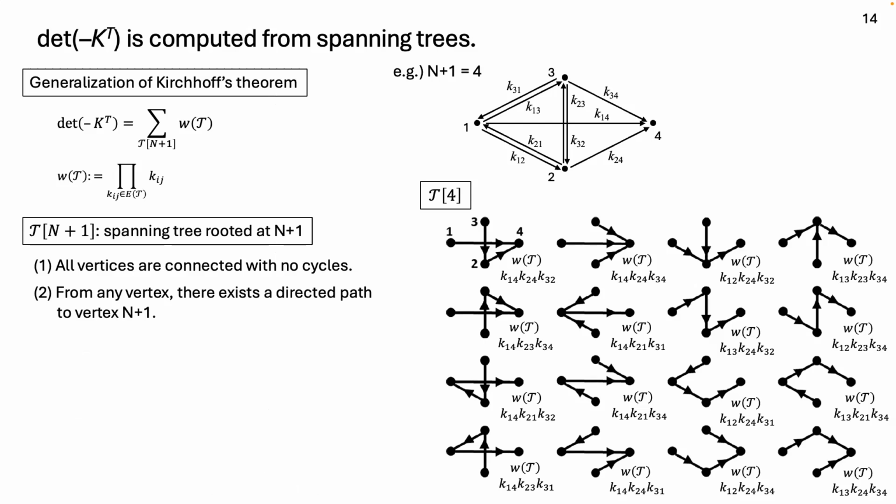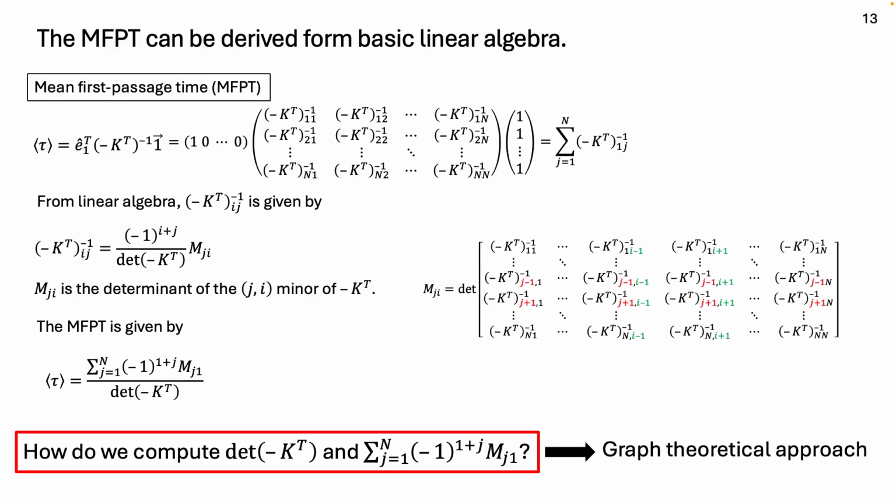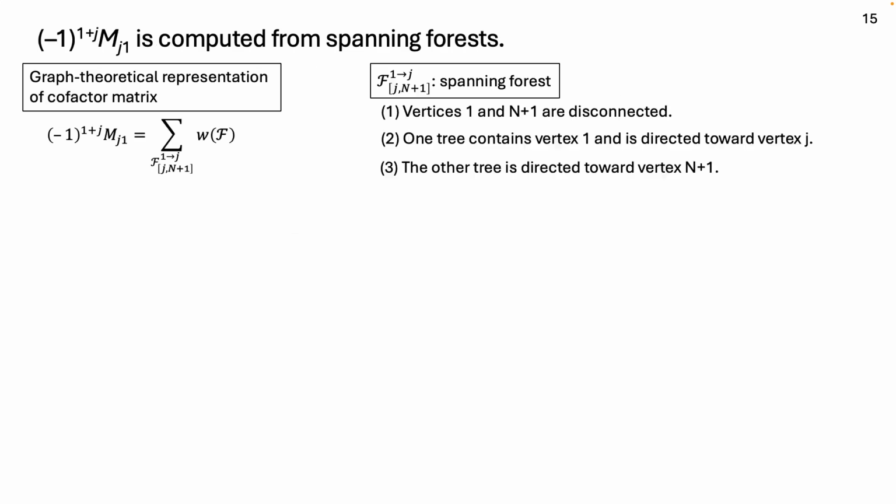And then next, we want to know this summation of cofactors. It's also obtained from graph theory. It uses this formula: minus 1 to the 1 plus j times N_j1 is equal to this summation.